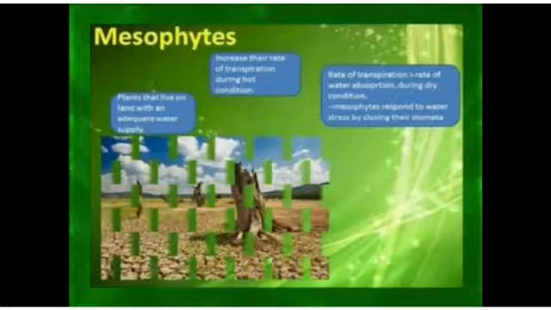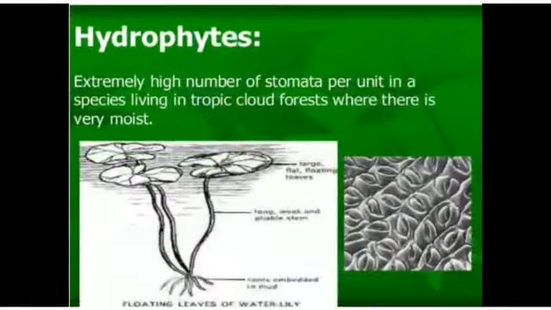Let's move to hydrophytes. Hydrophytes are aquatic plants found in freshwater habitat, either partly or completely submerged. They do not have difficulty in obtaining water. The stems and leaves of hydrophytes generally lack cuticle because they do not have threat of water deficiency.